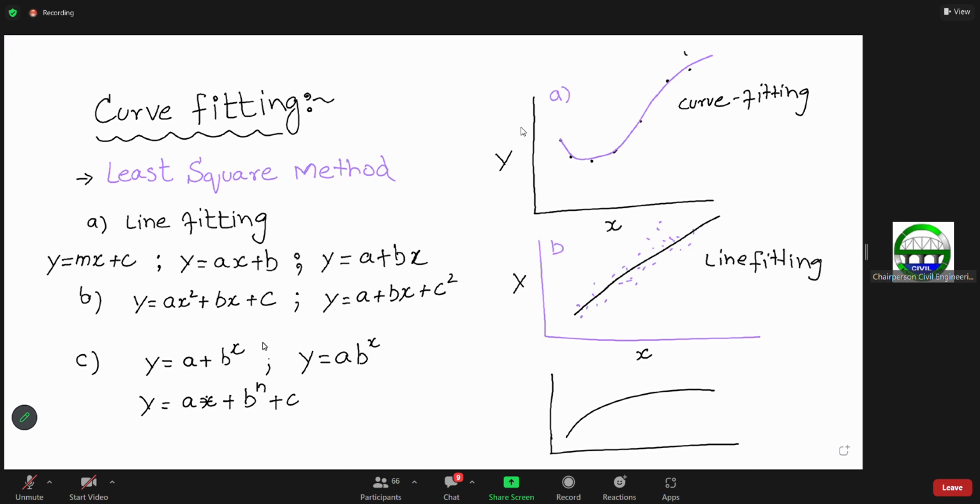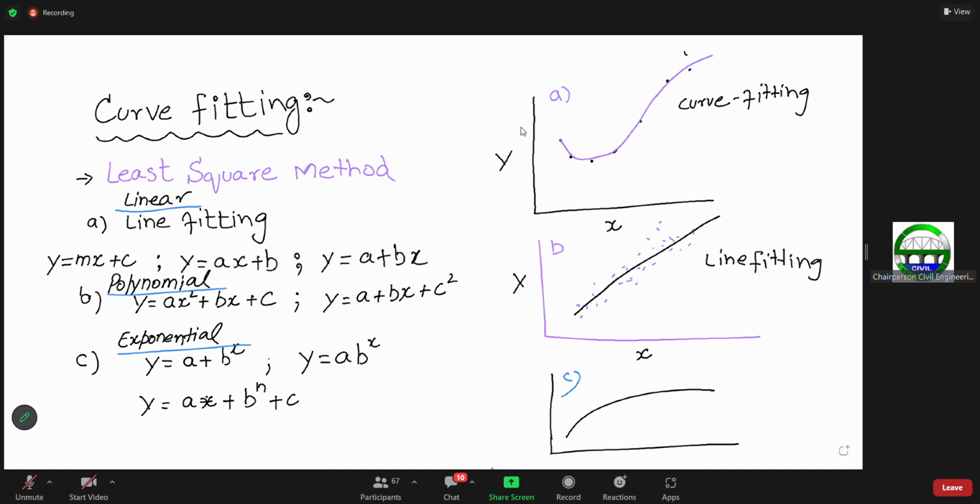So this thing is exponential, and this is quadratic or polynomial, and this one is the straight line, or we can say linear fitting. Okay, I hope this concept is clear to everyone. This one linear, polynomial, and the exponential, like a, b, and c.